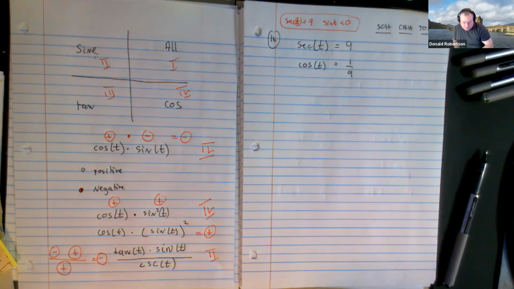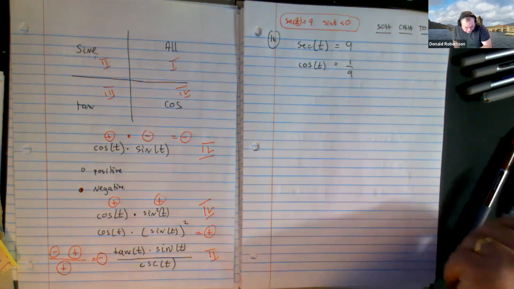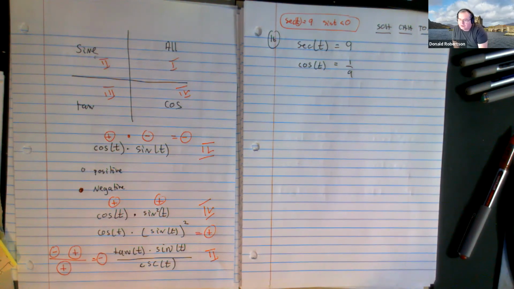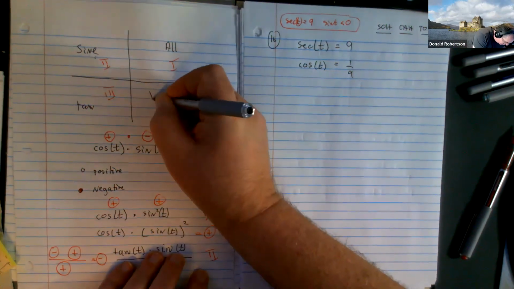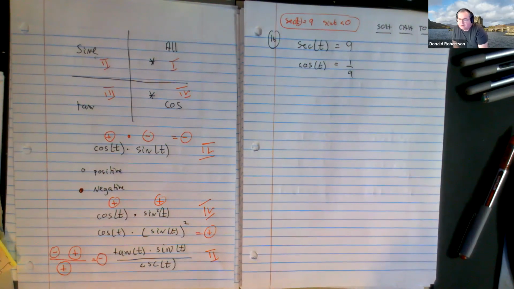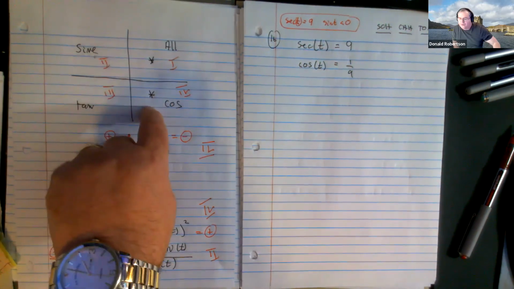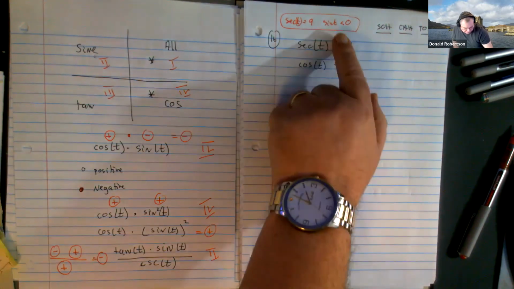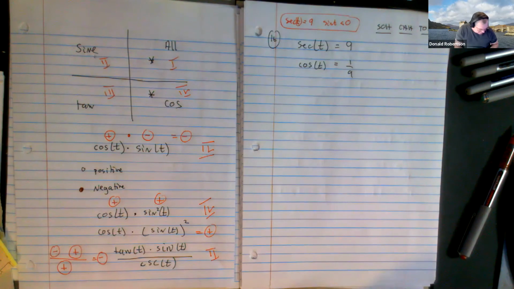Right, if the secant is 9, doesn't that mean the cosine is positive? You agree? The secant is 9, and the cosine is positive, could be here, or it could be here. Agreed? Isn't that the 2 places where a cosine could be positive? 1st quadrant or 4th quadrant. Now, they also told us that the sine is negative.